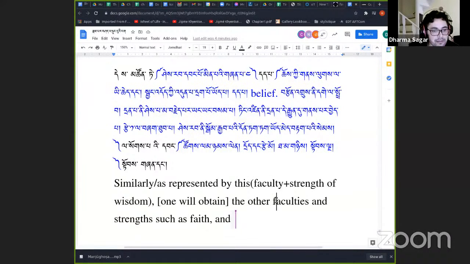faculties, then he was once again saying that it is the practice of the path of accumulation.